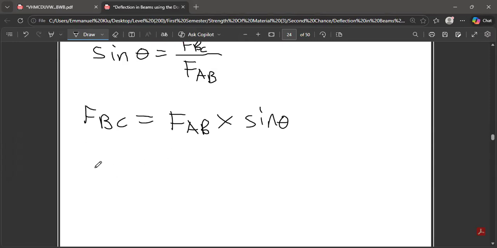So finally, our vertical force at BC, our force at BC, is equal to FAB sine theta.